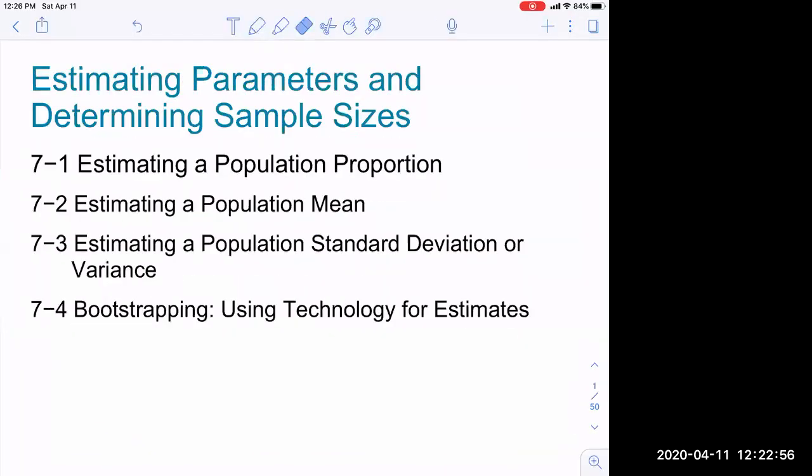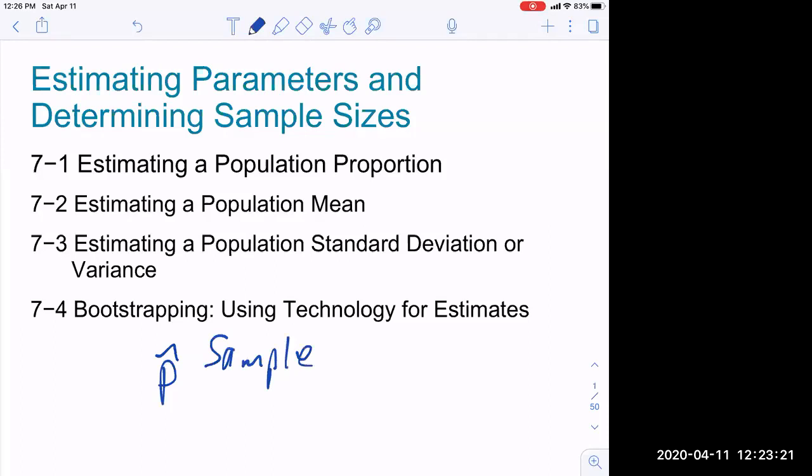Okay, starting chapter 7, confidence intervals. We're going to do population proportion. We're going to find a sample proportion, which is p hat. So that's from the sample.